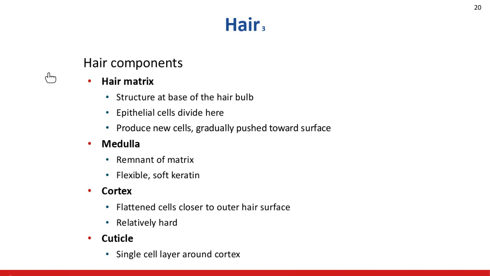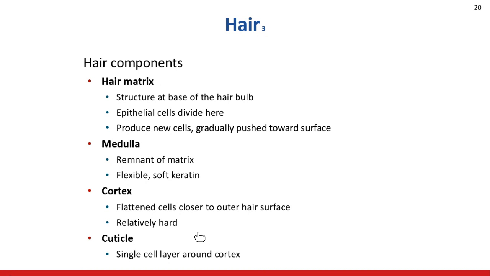If we go to the outer hair surface, when you're looking at your hair, you're going to see the cuticle, which is the outer layer. But just deep to the cuticle is the cortex, which surrounds the medulla.